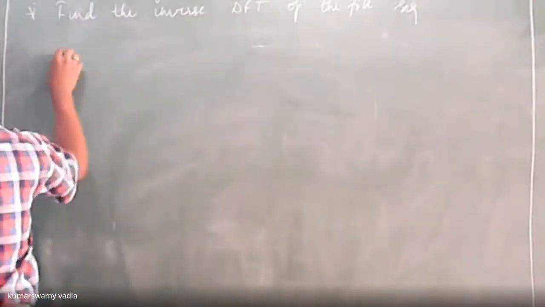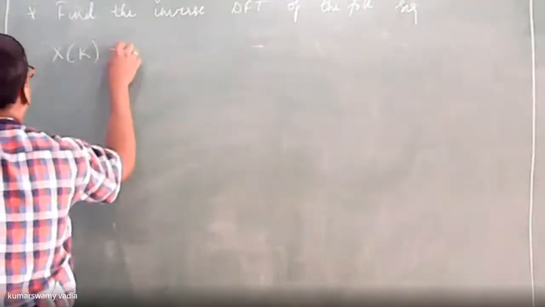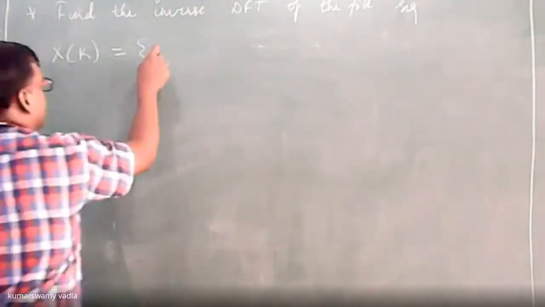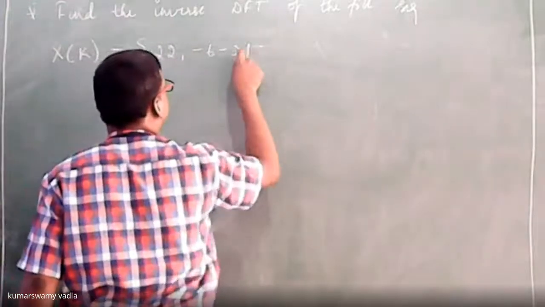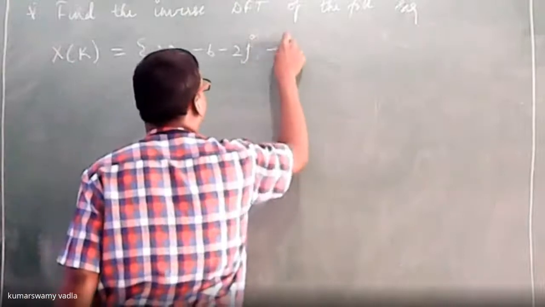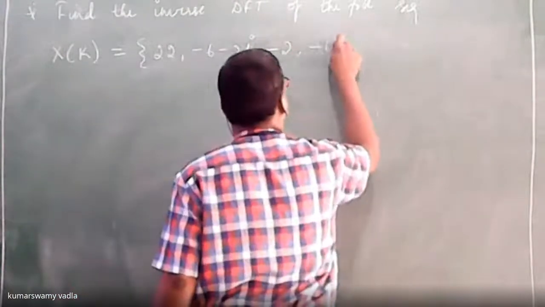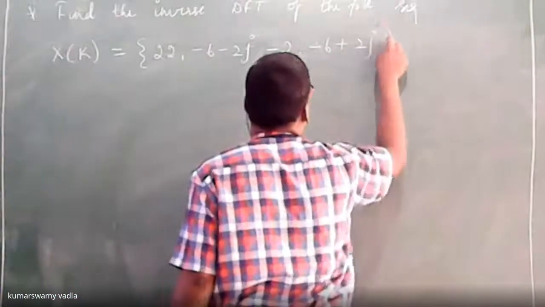For the following sequence, X of k is equal to 22, minus 6 minus 2j, minus 2, minus 6 plus 2j.